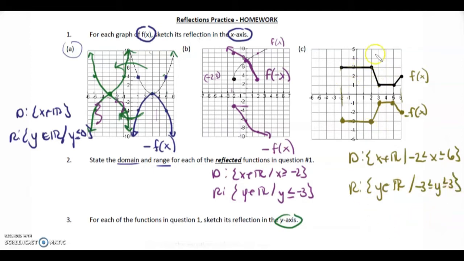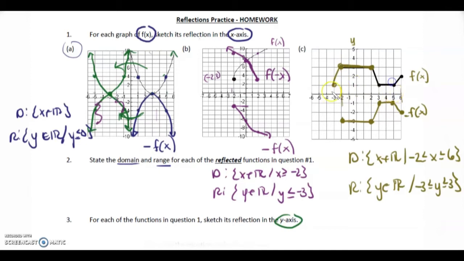Okay, and the last part, we're going to take this function and reflect it in the y-axis this time. So instead of being (-2, 3), we're going to go (2, 3). Instead of going (2, 3), we're going to go (-2, 3). So this line actually stays the same, but it is reflected. Instead of (3, 1), we're going to go (-3, 1).